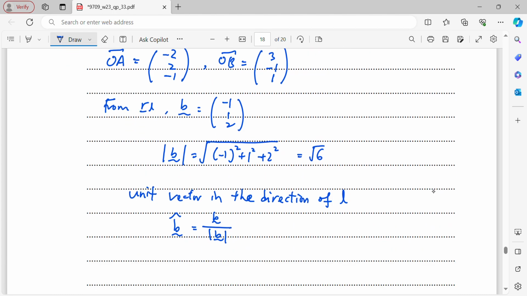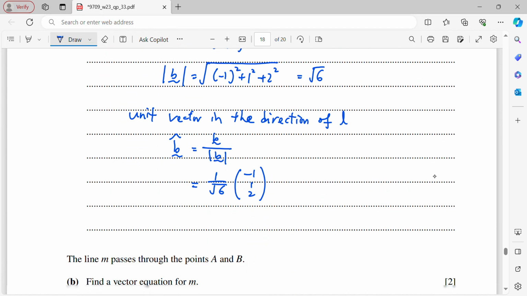I will write in this form: 1 over square root 6 times the vector b, negative 1, 1, 2. Then multiplying in, you will get negative 1 over square root 6, 1 over square root 6, and 2 over square root 6. So this is your unit vector.